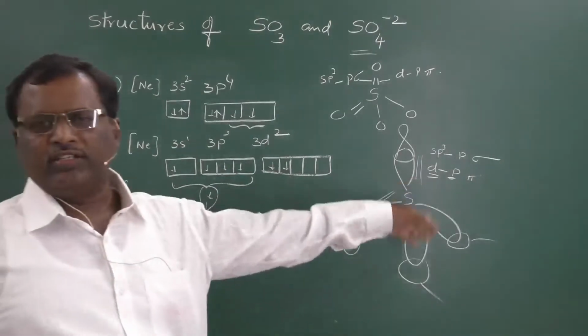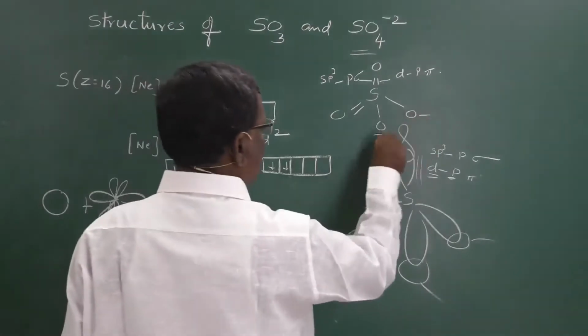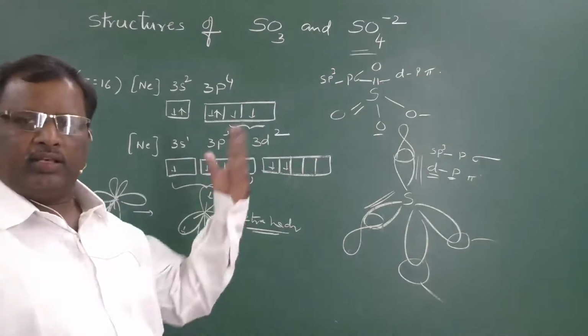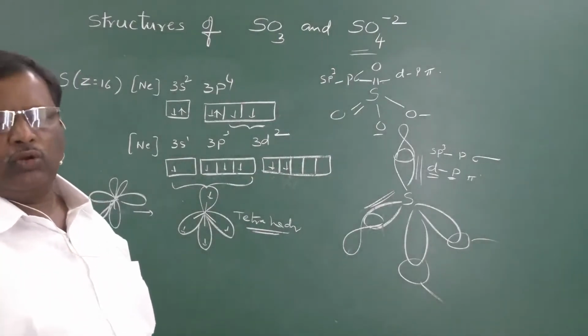That is why negative charges appear on those 2 oxygens. The singly bonded oxygen will have a negative charge. They are connected to hydrogen or other elements. This is the structure of the SO4 minus 2 ion.